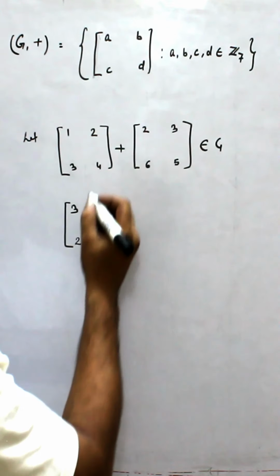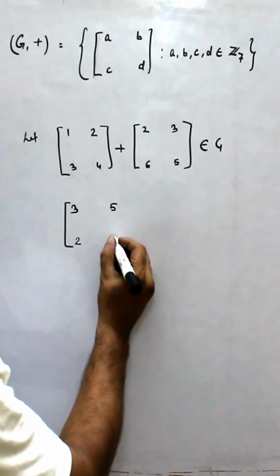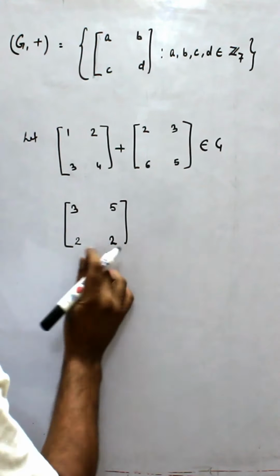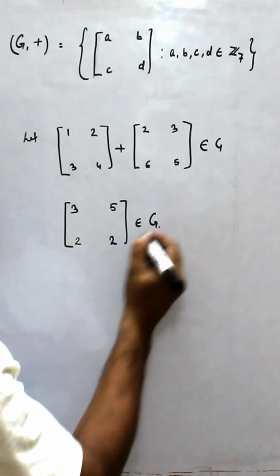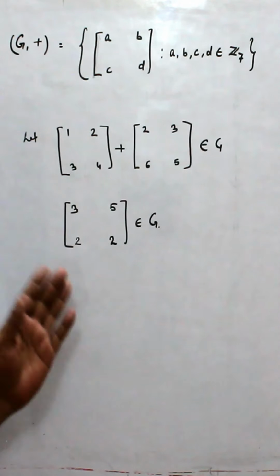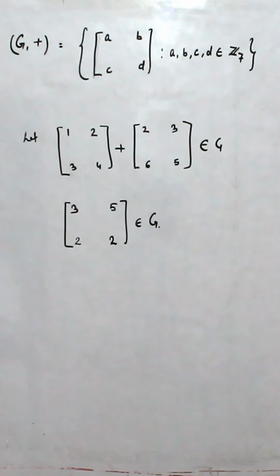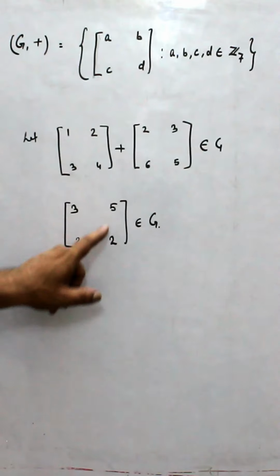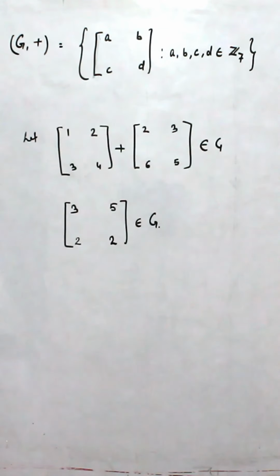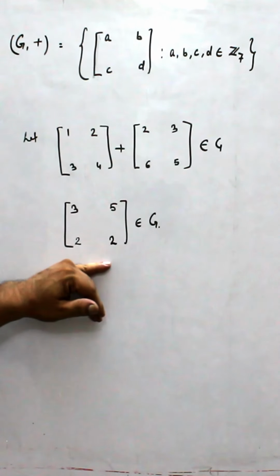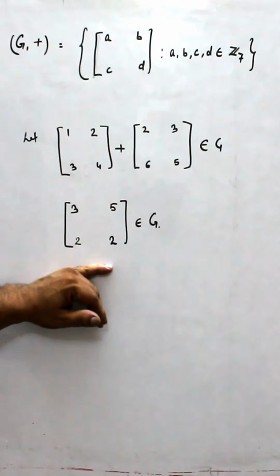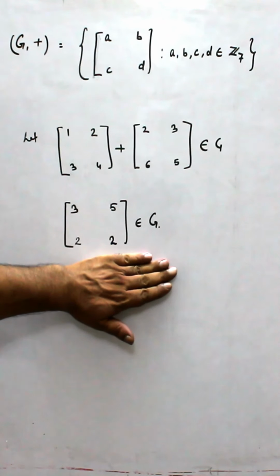And 4 plus 5 is again 9, which is also 2. Our question is: does this element belong to G or not? The components of the matrix again belong to Z7, because Z7 contains the elements 0 to 6, so all elements fall between 0 and 6. That means G is closed.